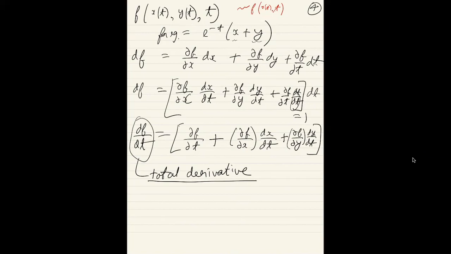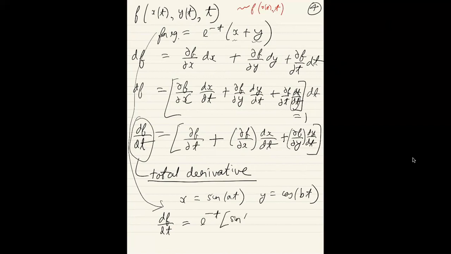So let's look at the example which we wrote above, this one. And here, let's say that x is equal to sine of at and y is equal to cos of bt, where a and b are constants. So in this case, you can plug in through the math and you will see that df by dt comes out to be e to the power minus t times sine of at plus cos of bt, times a cos of at minus b sine of bt.